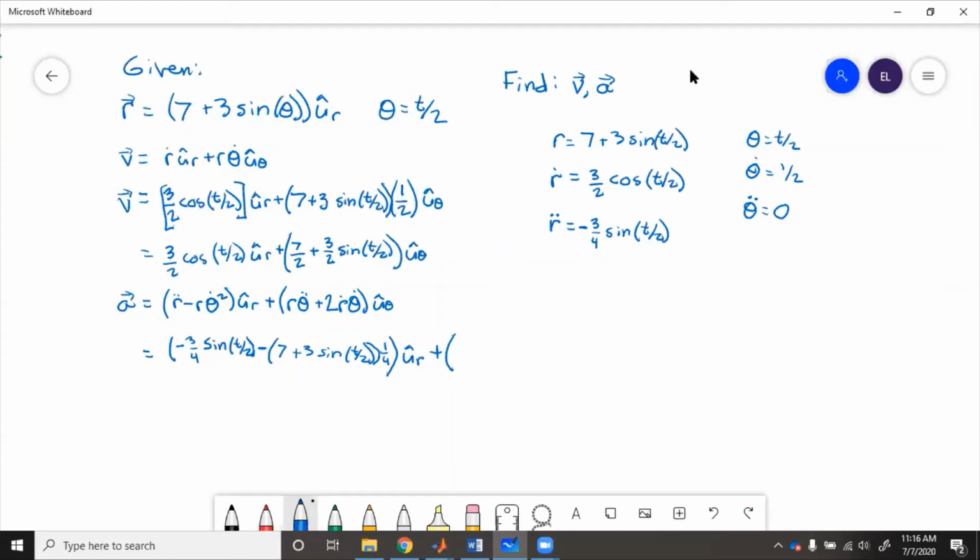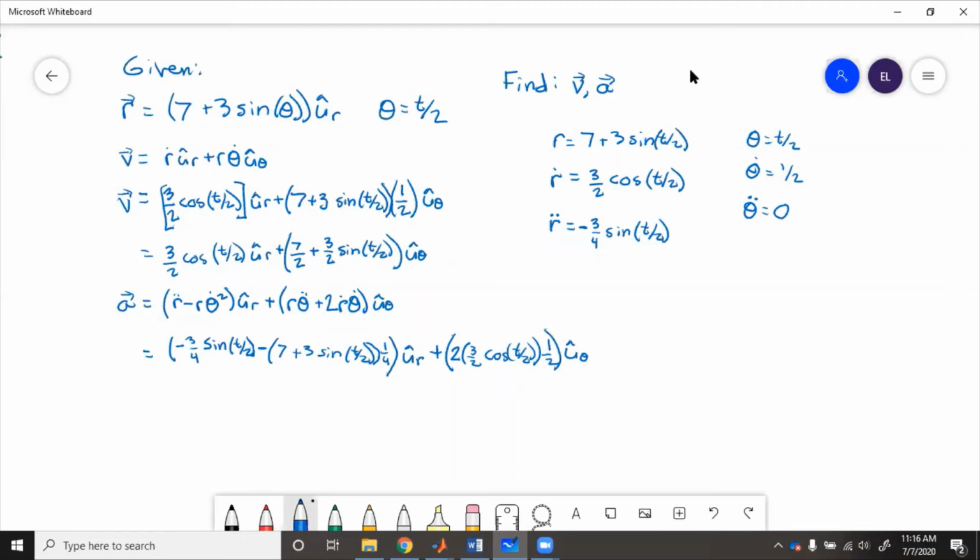So move on to this part, 2 r dot, which is 3/2 cosine t over 2 times theta dot, which is 1/2, u_theta.